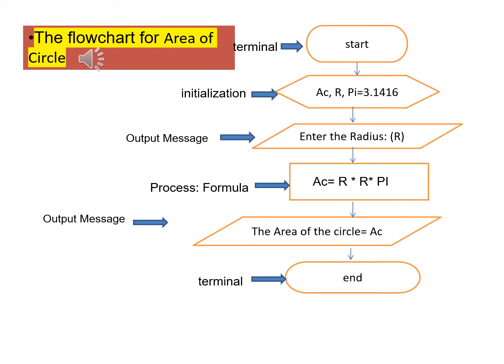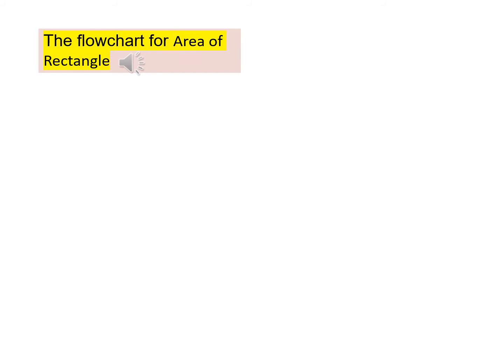The flowchart for the area of circle, starting with the terminal, then the initialization with the defined value of pi, 3.1416, and the output message for the input variable r, formula for the area of circle, and a message to show on the screen for the computation of the area of circle, then end with terminal.